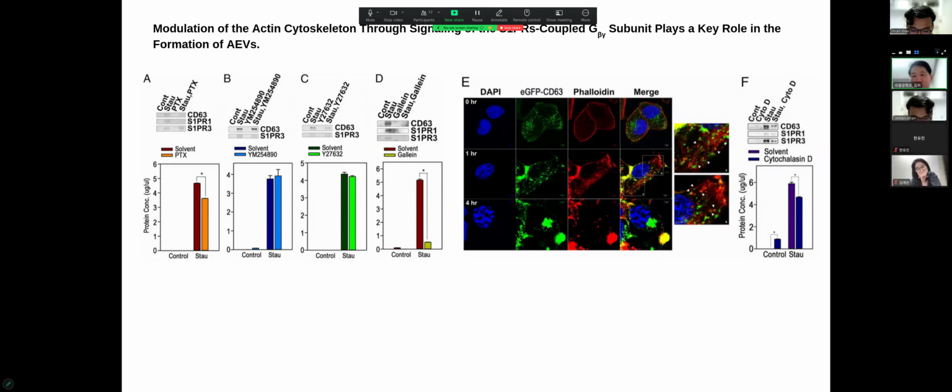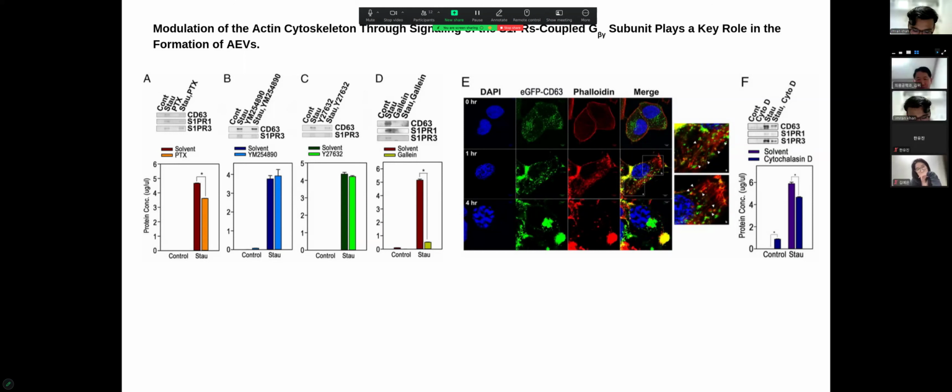Depending on the GPCR, a specific G alpha subunit is recruited, because G alpha comes in various kinds, for example GI, G1213, and GQ.